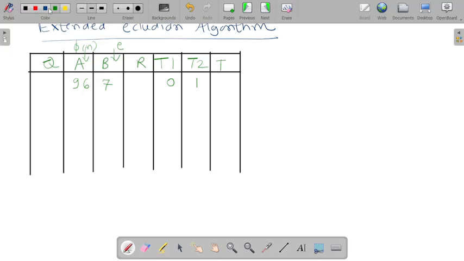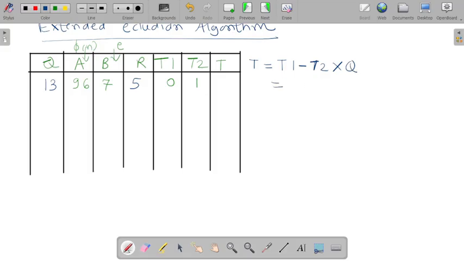Now we will solve this example using the extended Euclidean algorithm. So 96 divided by 7, we get the quotient as 13 and the remainder as 5. And to solve for T, the formula is T1 minus T2 into quotient.